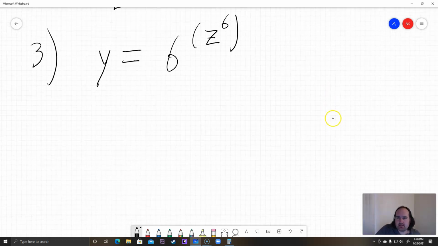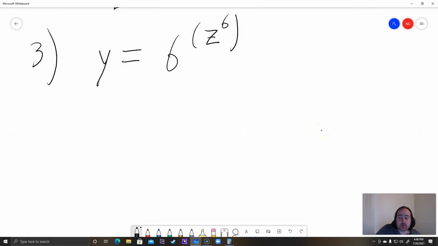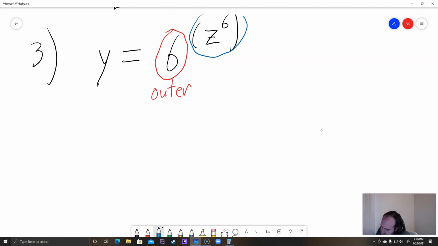Now, if you've been paying attention to the rest of this lecture, this hopefully shouldn't be too hard. We take the derivative of the outer function, which is 6 to the inner function, and here our inner function is z to the 6th. So this one should be a little bit easier than the last problem.